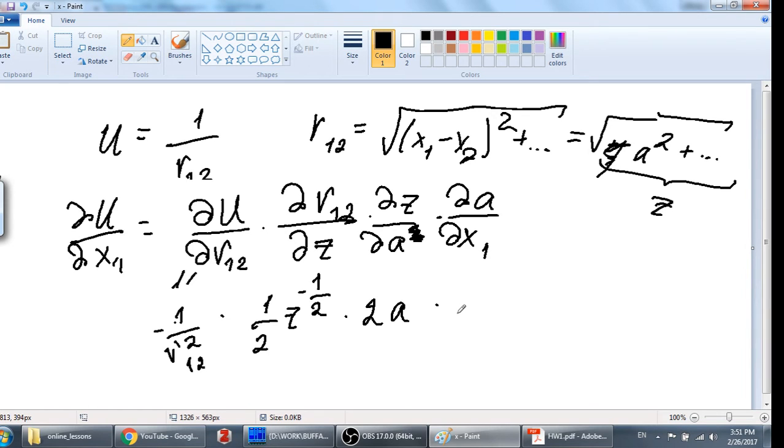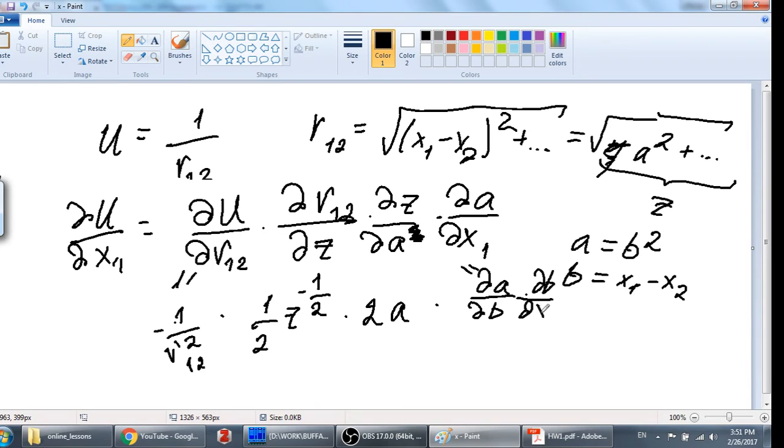So actually here we can do this a little bit more elaborately again. Okay, so a is basically b squared, where b is x1 minus x2. So you can replace this with da over db, and then db over dx1.